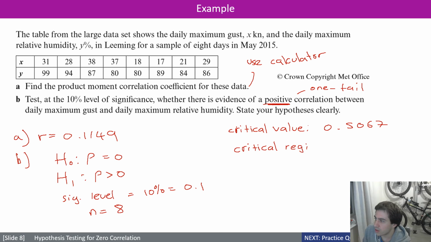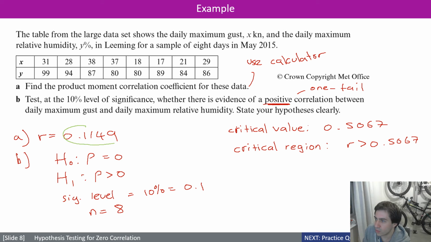Okay, so then what's my critical region? It's one tail, so it's just one range, and it's whatever is more extreme than that. So it's when R is greater than 0.5067. Then we look at what was the R we got.